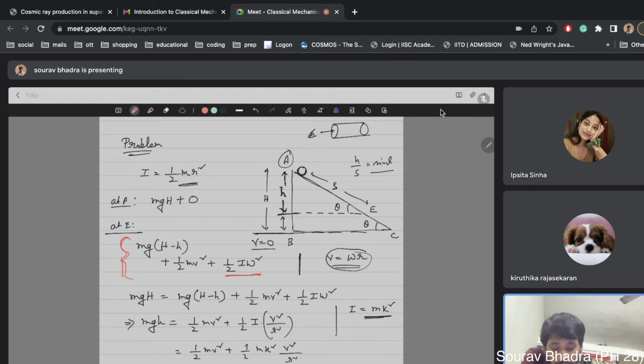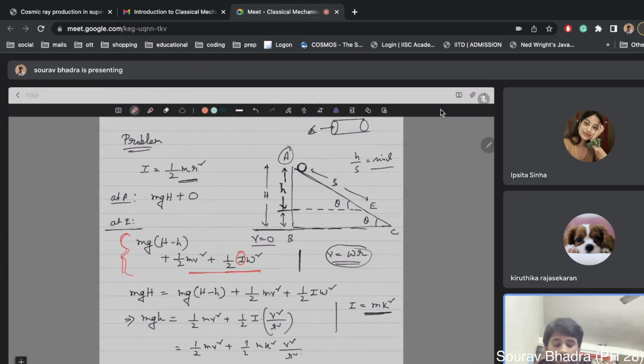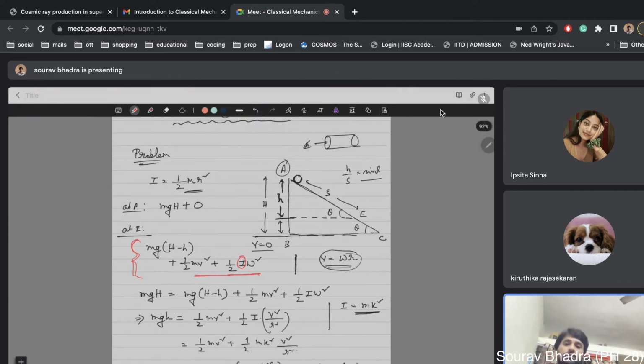For rotational energy, this I comes from the concept which we have learnt in this section, that is half mr square, or for a sphere it is 2/5 mr square, and using all that knowledge you can calculate the distance from the conservation of energy of this particular system. So this is a very interesting problem. Now if there was no rotation, then this half I omega square term would not be present in our calculation. So it comes explicitly from the rotation of the cylinder.